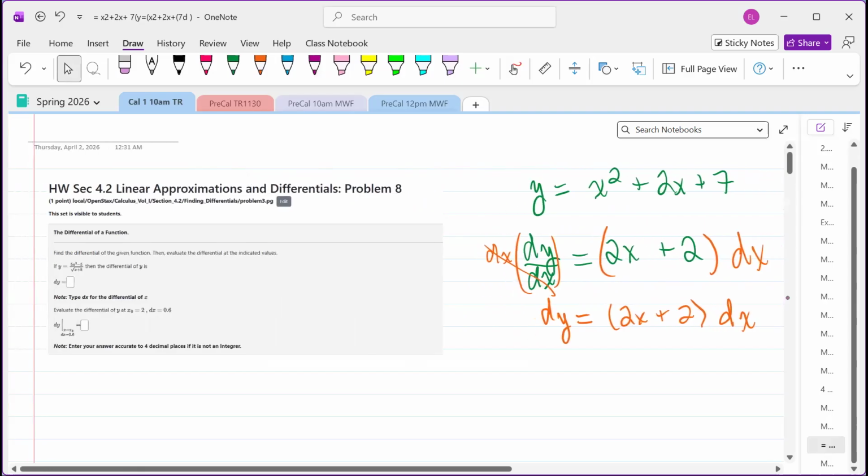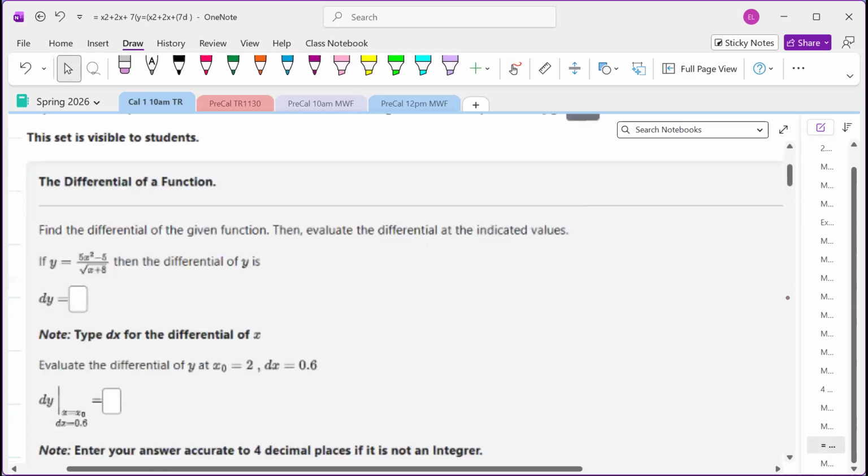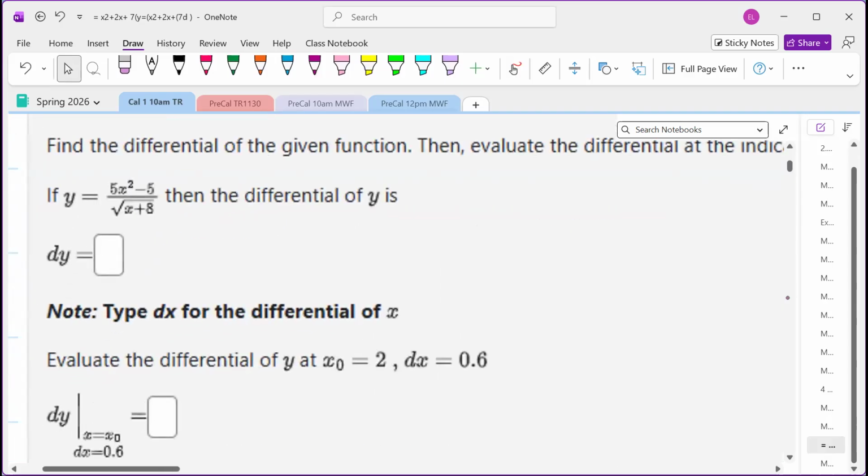All right, so this question from the homework, they gave us that. So that is a disgusting quotient rule, or we could turn it into a product chain rule. In either case, it is very gross. But since the bottom is a square root, at least in the quotient rule, we'll have the bottom squared, so the square root will cancel, so that'll be okay.